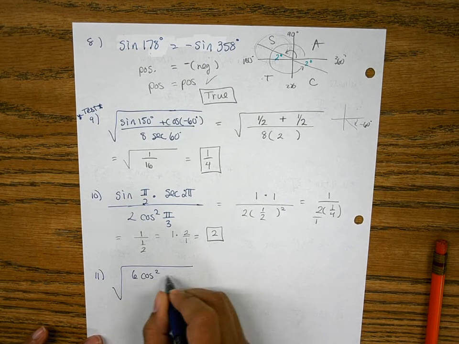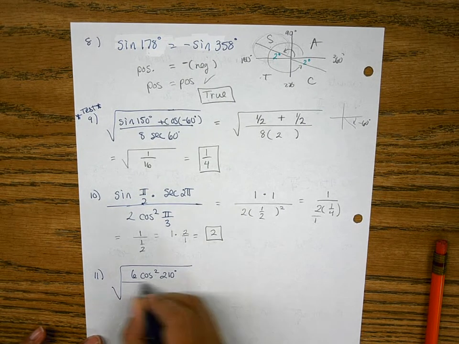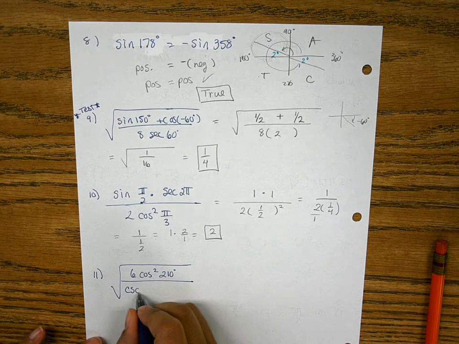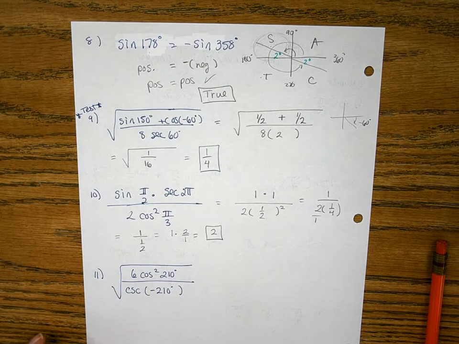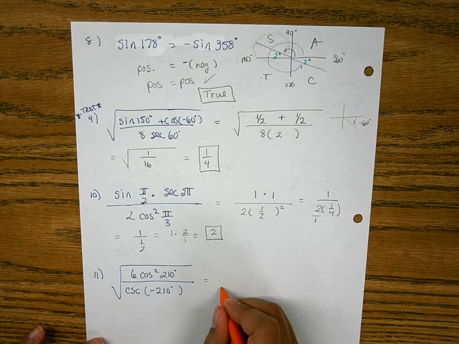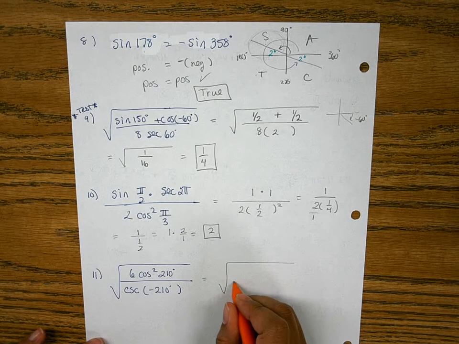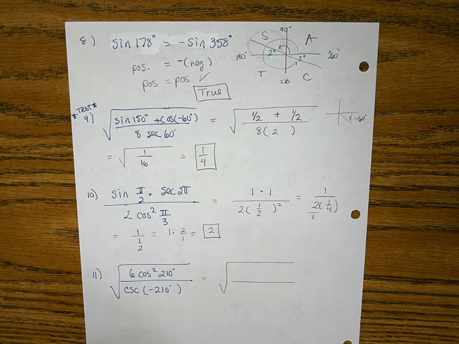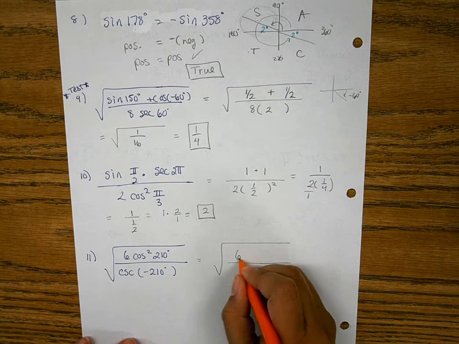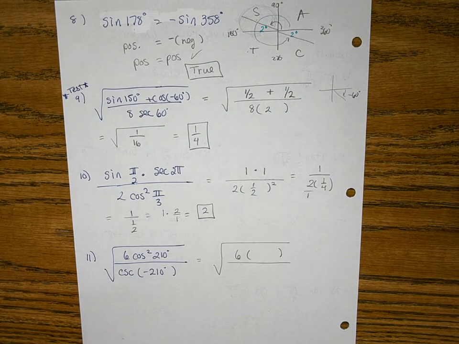All right, number 11. 6 cosine squared 210 over cosecant of negative 210. If you'd like, you can hit pause, work it out, and then hit play and see if we end up with the same answer.